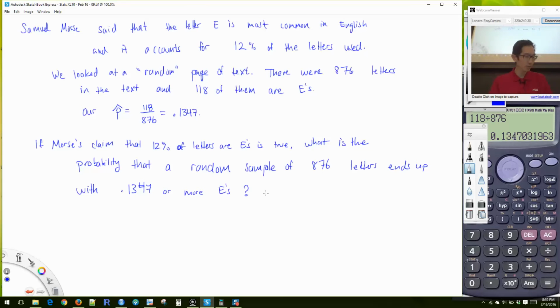You can apply the central limit theorem, so you don't have to worry about checking the conditions in this case. You want to use the central limit theorem, so you're going to have to find your mean and your standard deviation, and use that as the normal model to answer this question.